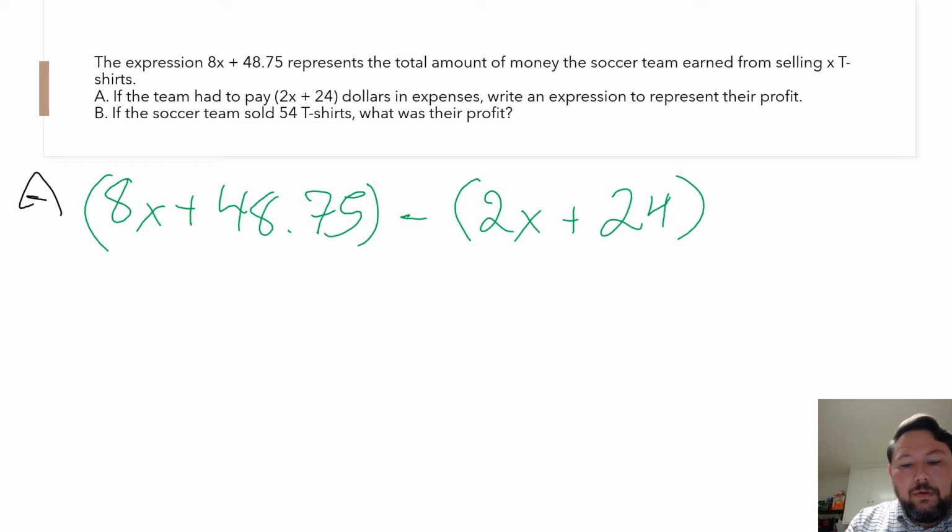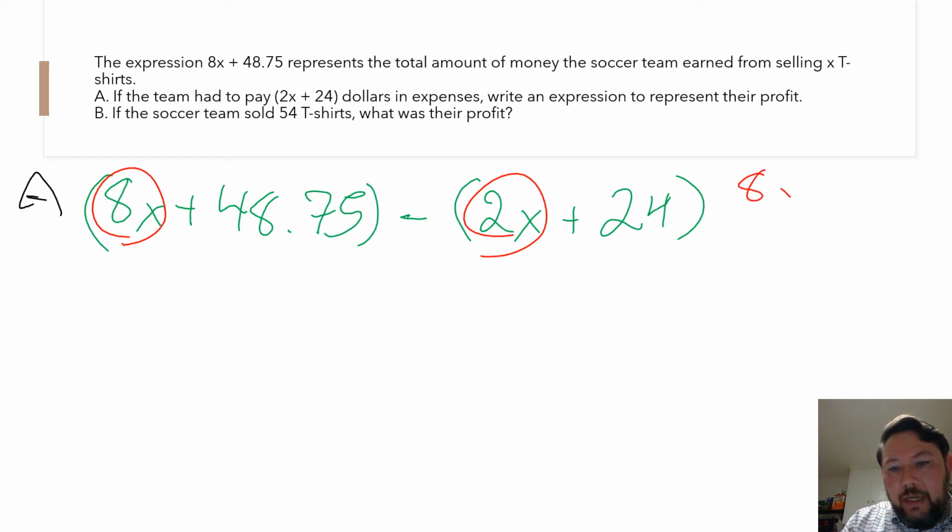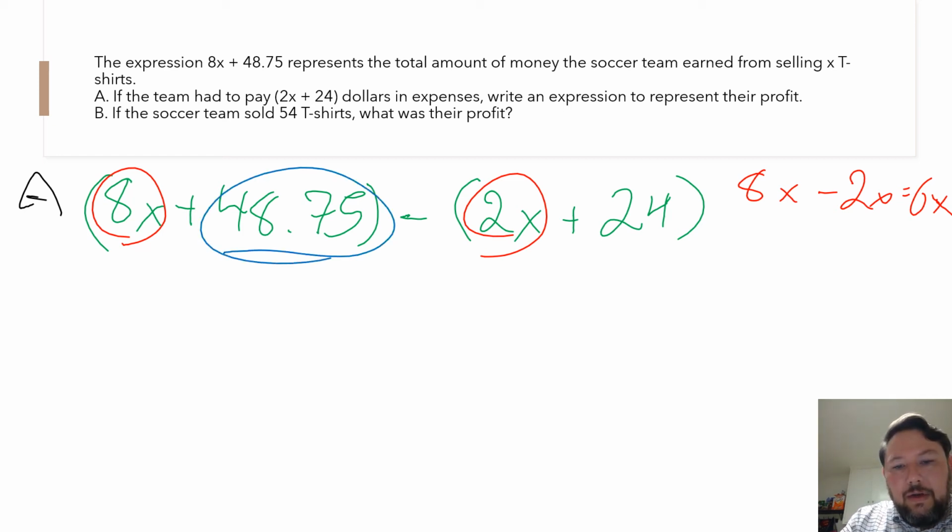So we're going to look for like terms, 8x and 2x. So let's go ahead and do that. So we have positive 8x minus positive 2x. That's going to equal 6x, not yx. Okay, and then for our second set of like terms, we have 48.75 minus a positive 24.